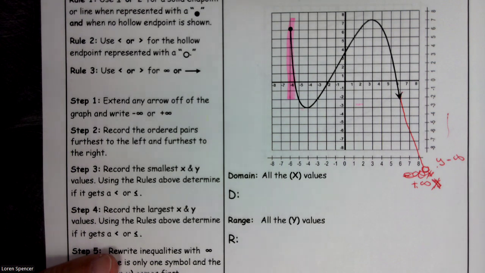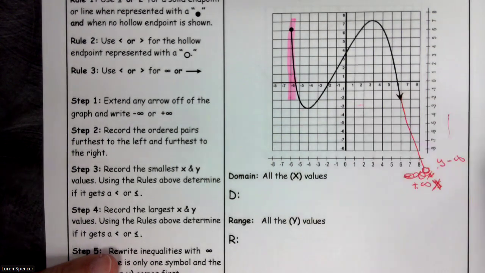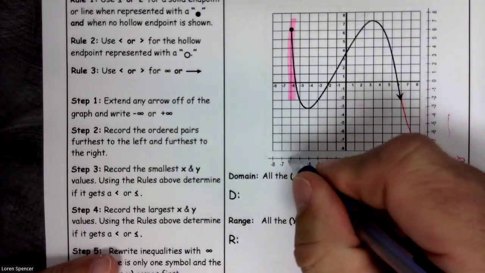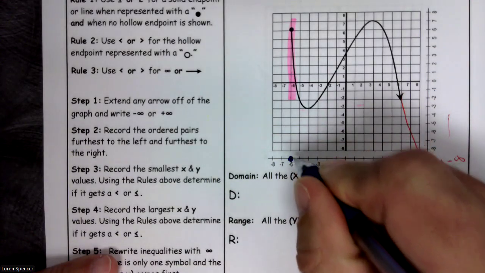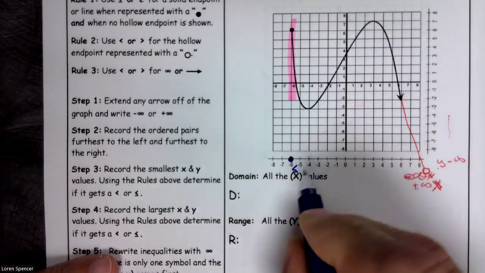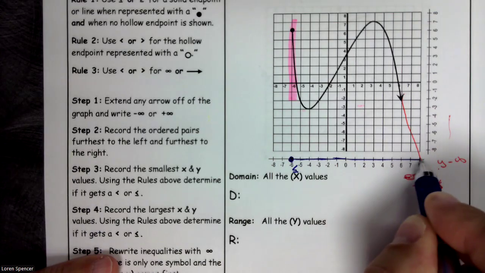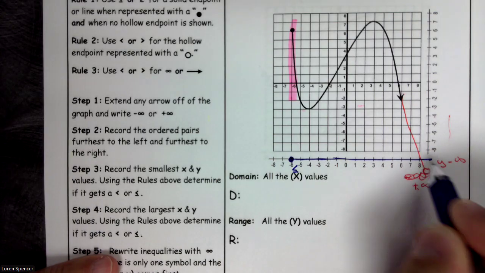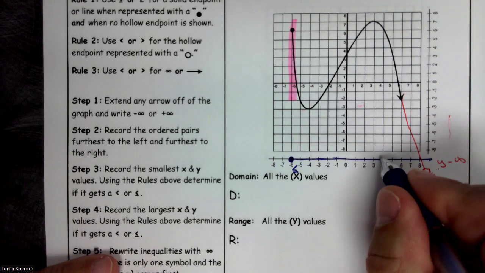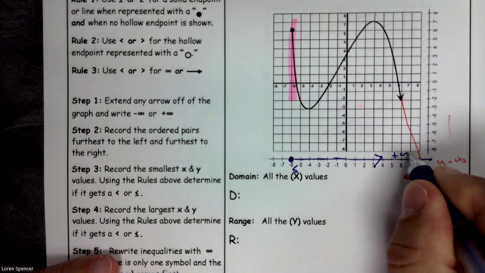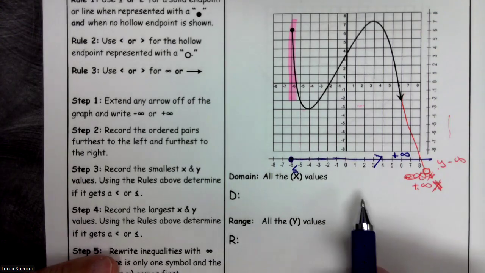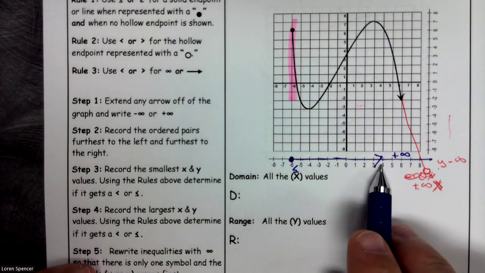So -6 gets a solid dot, because it's a solid dot and it's a less than or equal to. Then it goes forever to the right, to positive infinity.